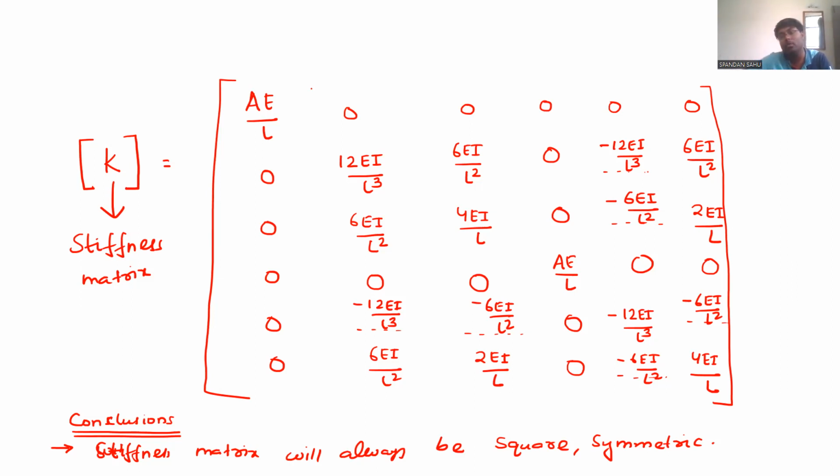And symmetric about which diagonal? Principal diagonal. So this is the most generalized stiffness matrix we can get in this chapter.